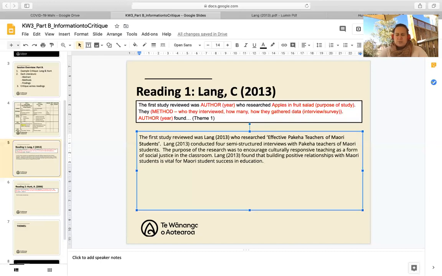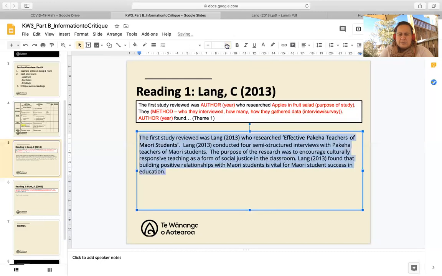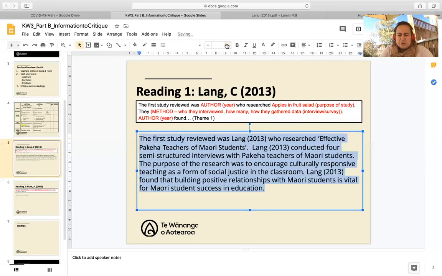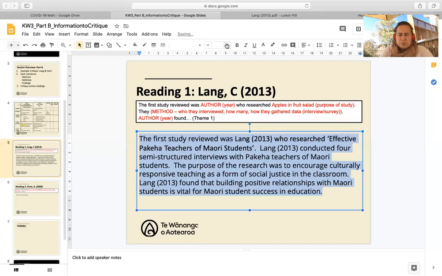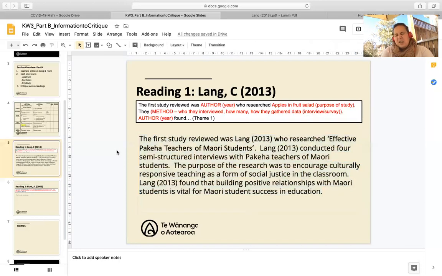Now, again, that goes back to the quality of reading and understanding what the interviewer is trying to say from their research, or what the people said. That's the first draft of how you would write that sentence.